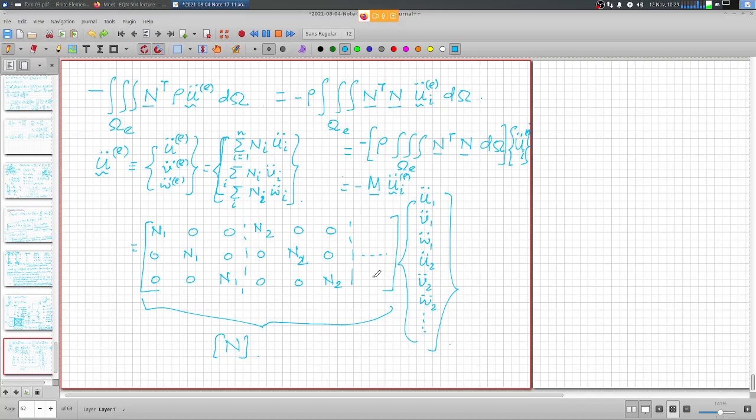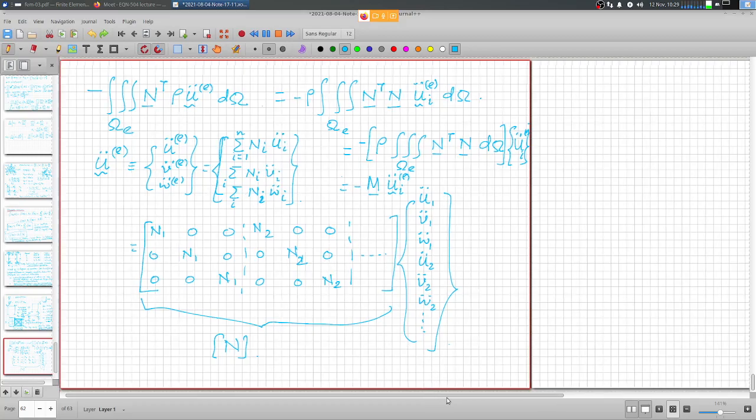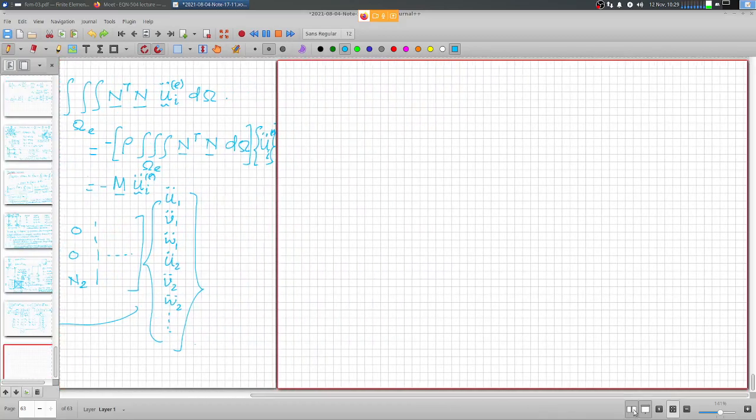And together with the other terms of the equation, if you look at it, there are boundary terms, some boundary integral.